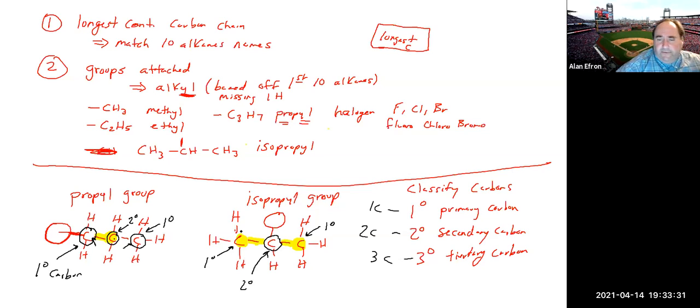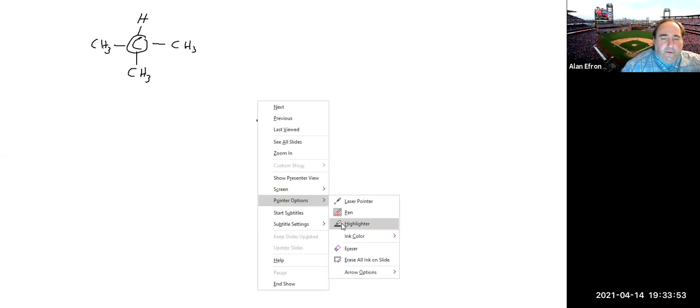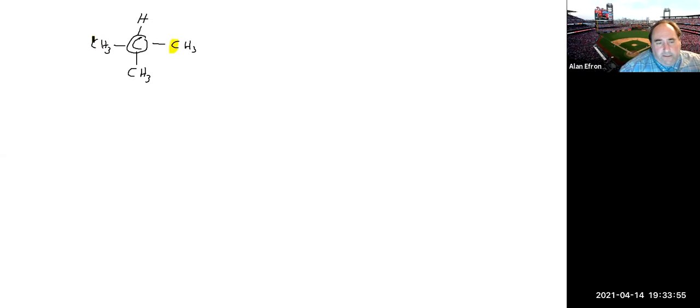Any questions on those names, primary, secondary, or tertiary? If you're interested in what a tertiary carbon might look like, if you had something like this, and we look at this carbon right here, it is directly attached to 1 carbon, 2 carbons, and 3 carbons.